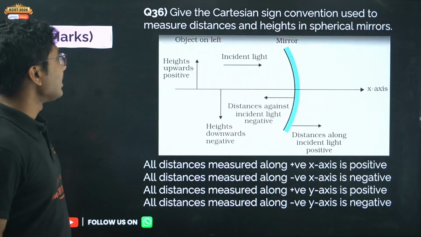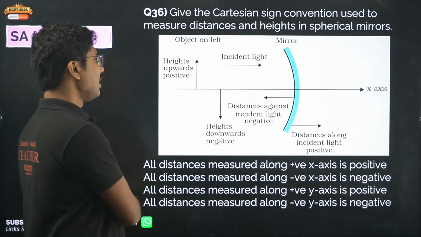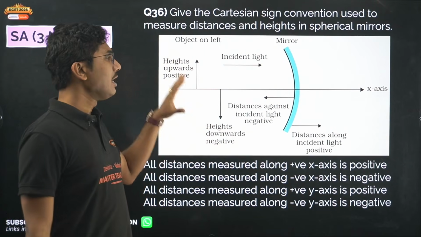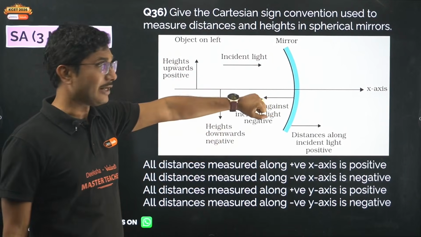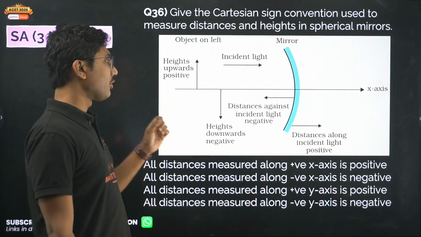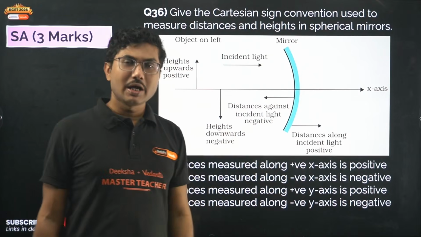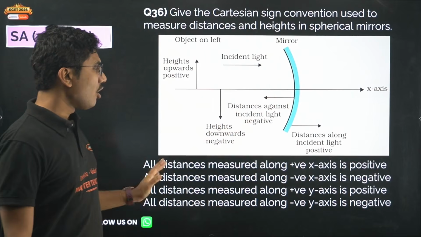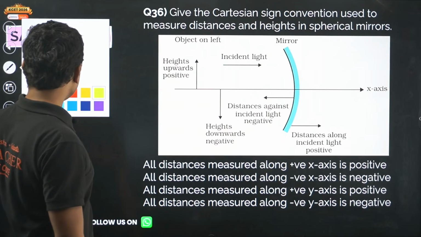Next, give Cartesian sign convention used to measure distances and heights in spherical mirrors. Possibly this is an important question. The possibility of this question coming is very high. So you have to draw the diagram properly. The diagram itself is self-explanatory, but use the proper way to draw it, and mention this: all the distances measured along the positive x-axis are positive, all the distances measured along the negative x-axis are negative, all the distances along the positive y-axis are positive, all the distances along the negative y-axis are negative.